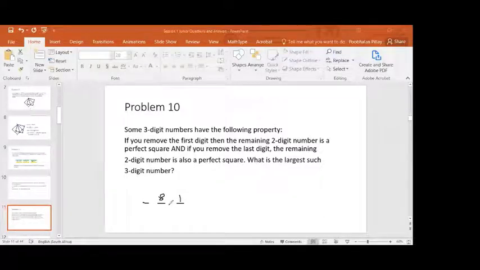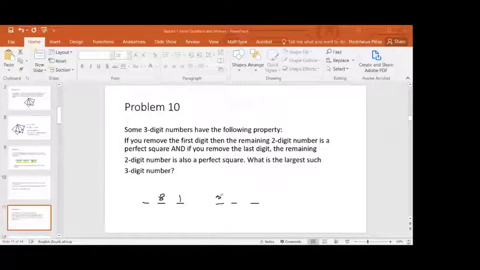So it's quite possible that the last two digits is 81. Okay. So if you remove the first digit, then the remaining two-digit number is a perfect square. And if you remove the last digit, the remaining two-digit number is a perfect square. So if this is taken out, then this thing here is a perfect square.